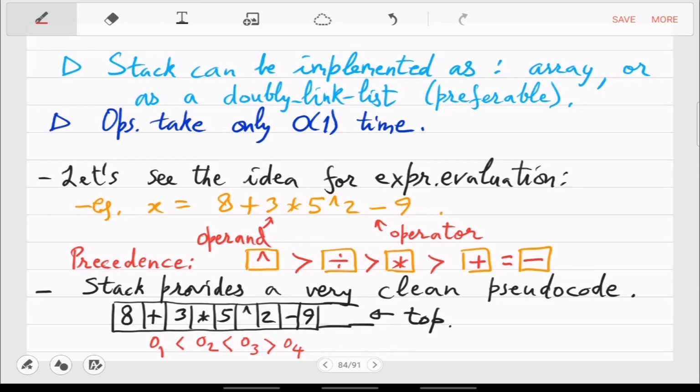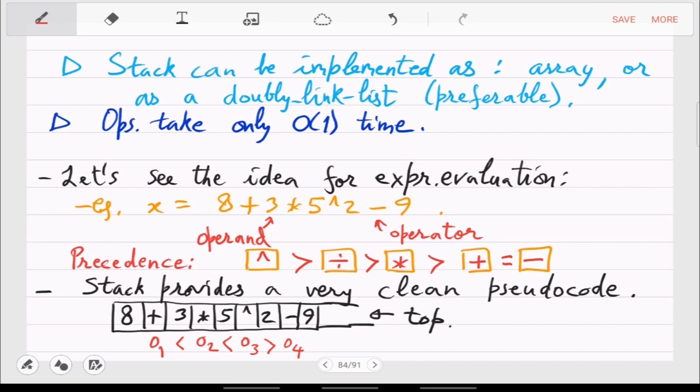What is happening is that if you only focus on the operators, then the precedence may increase or decrease as you move forward in the expression. Right? So here it increases for a while and then it decreases. So the place where you have this local maxima, what do you have to do with that?